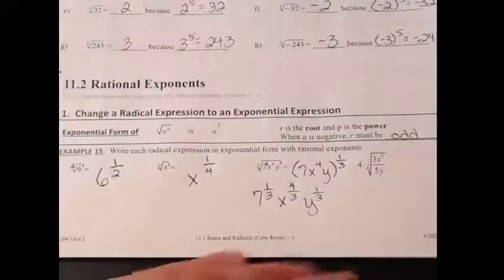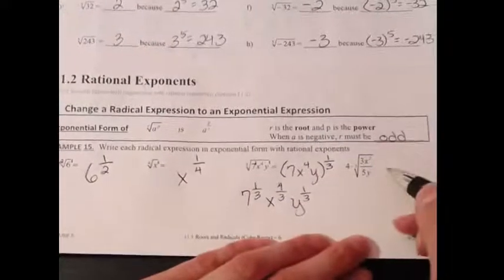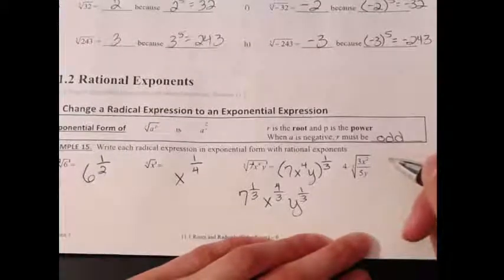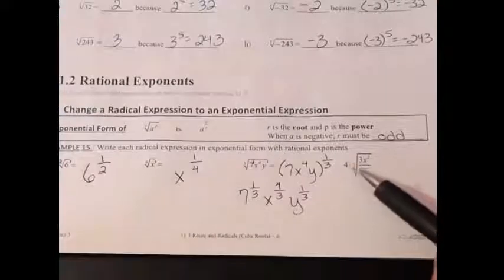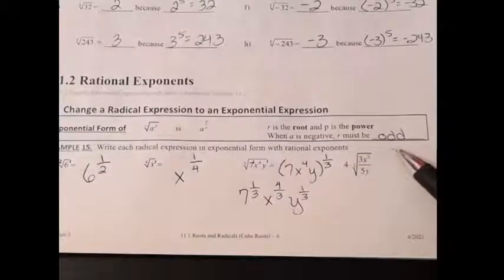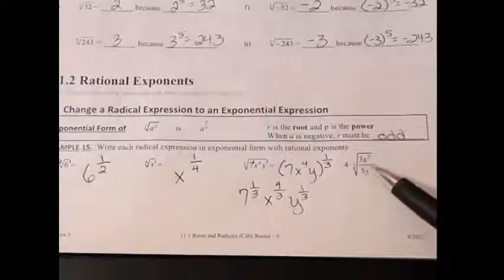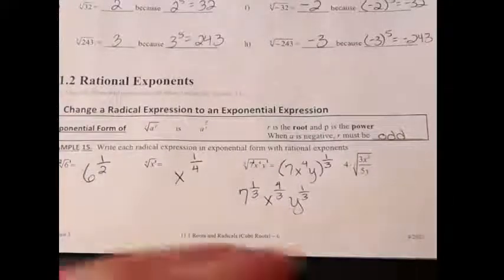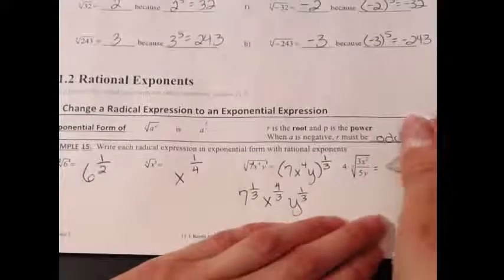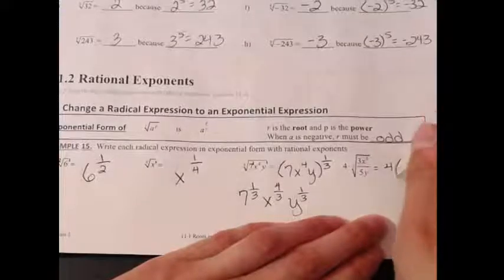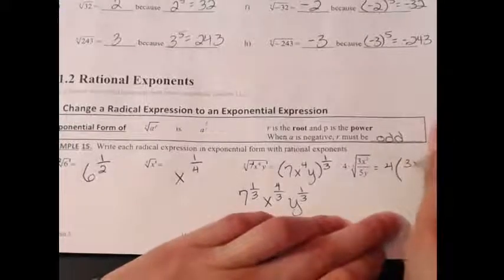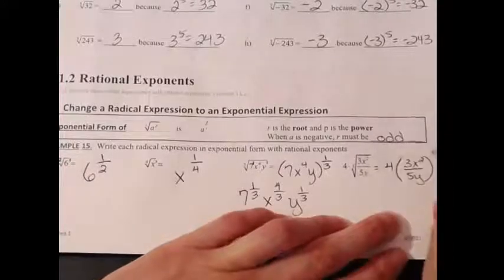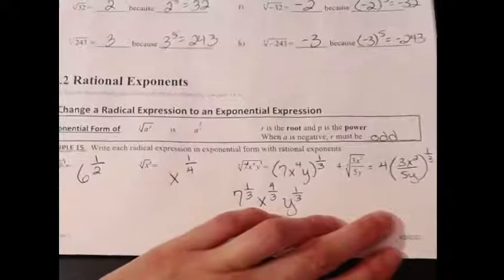Okay, same thing here. We can look at this in one of two ways. So first off, we have 4 times the cube root of 3x to the second over 5y. We can rewrite this as 4 parentheses 3x squared over 5y, all of this raised to the 1/3 power.